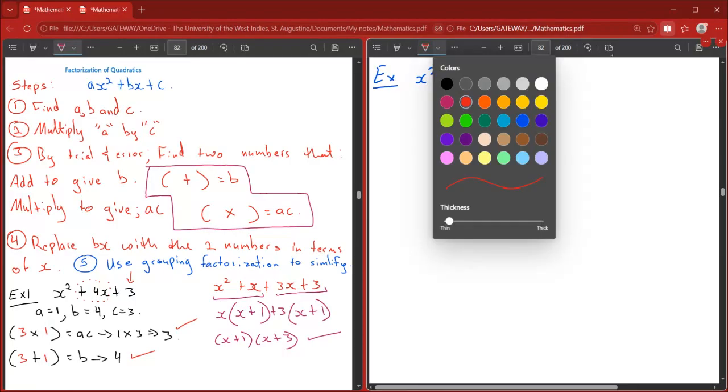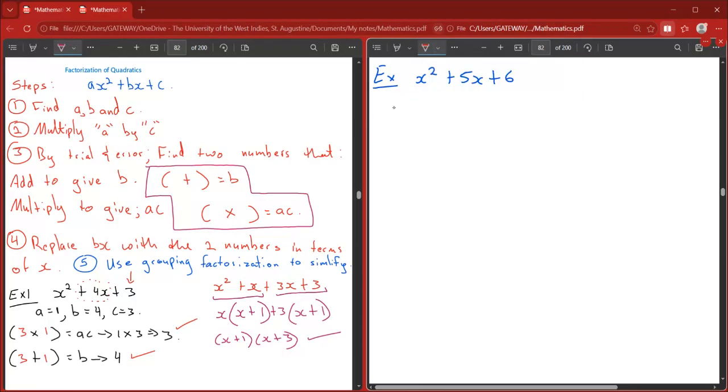We have to factorize this. So the coefficient of x squared is a, and that's 1. The coefficient of x is 5. The constant is c, which is 6.